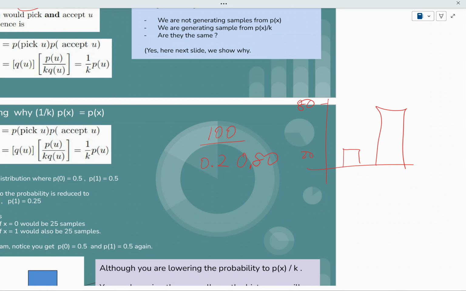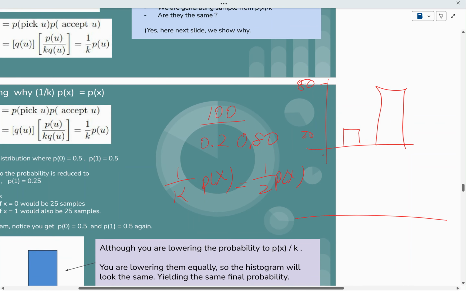if your probability is less, let's say it's 1/2. So 1 over k times p of x. And let's say k is 2. So 1 over 2 p of x. If that's the case, then what you'll end up having is instead of 20/80, you end up having 10/40.